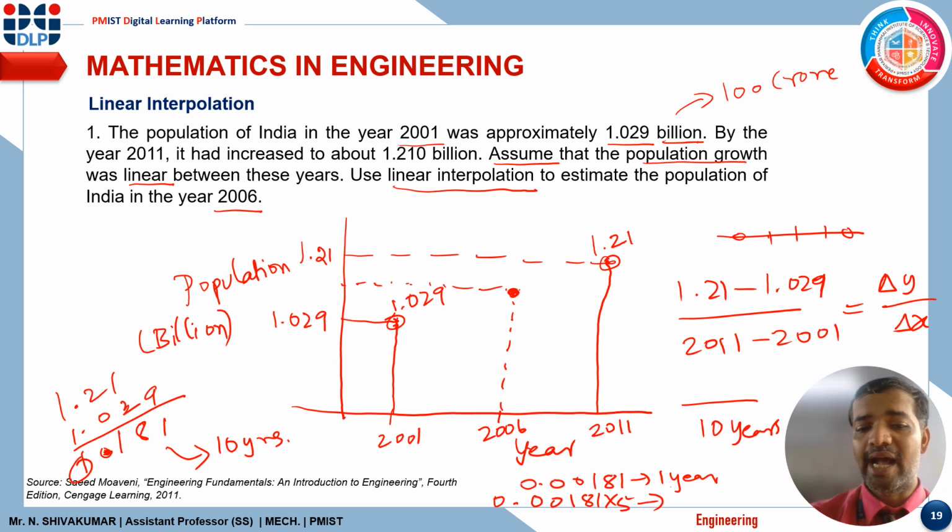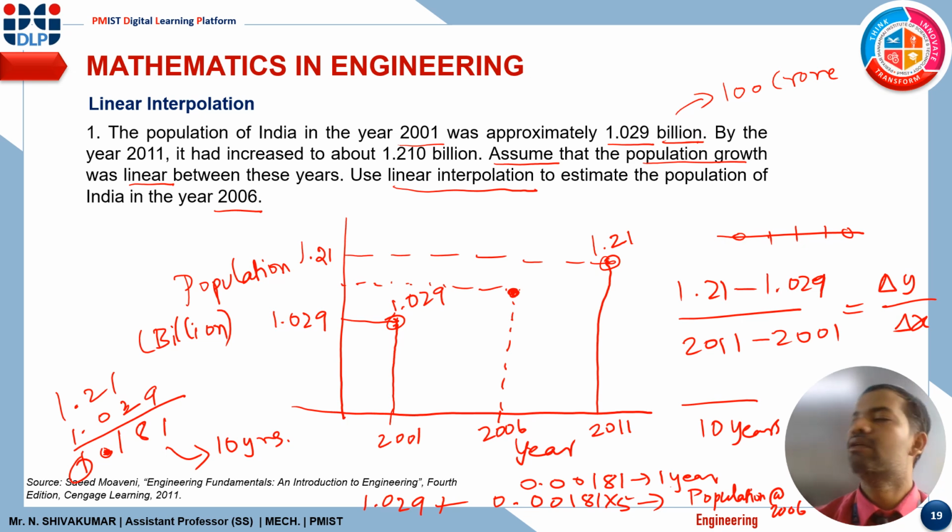This has to be added to 1.029. So 1.029 plus 0.0181 into 5 is the value for the population in the year 2006. Now you calculate this value on a calculator. So, next problem.